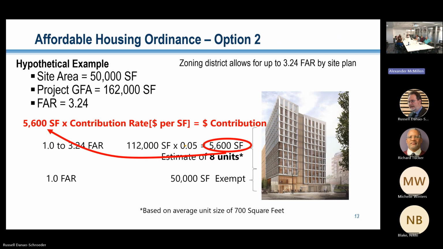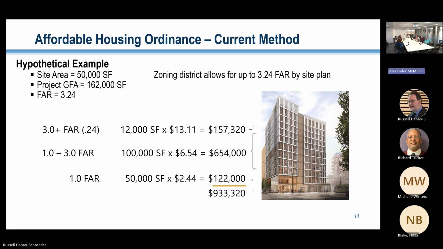Well, those seem like pretty cheap units. Yeah, for this project, 933,320 divided by 8 is 116,000, which is a little bit less than we're actually getting in our current cash contribution.